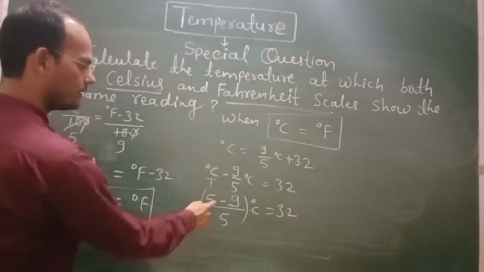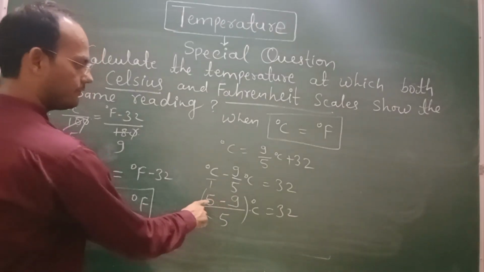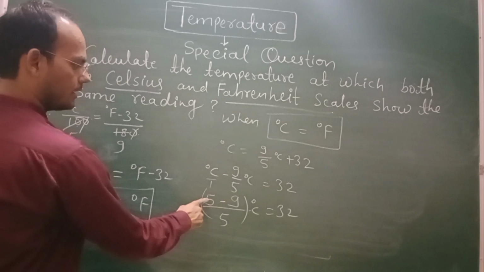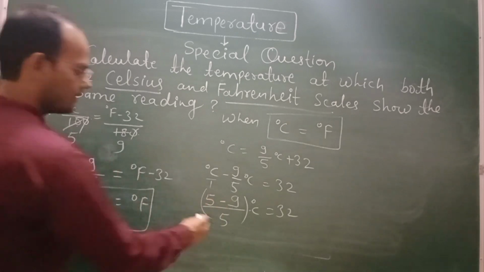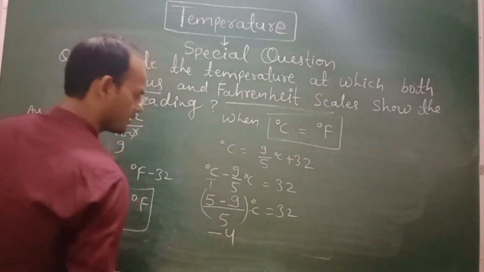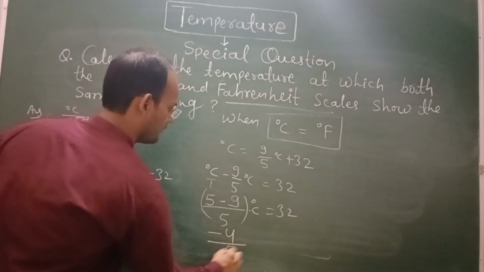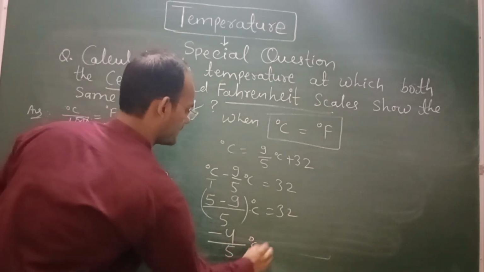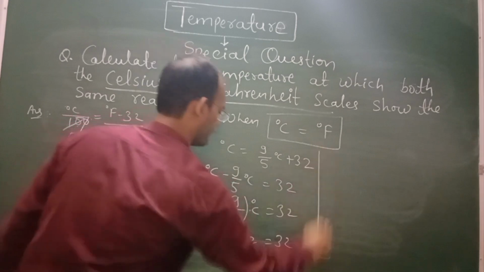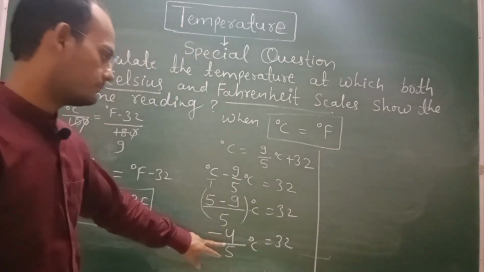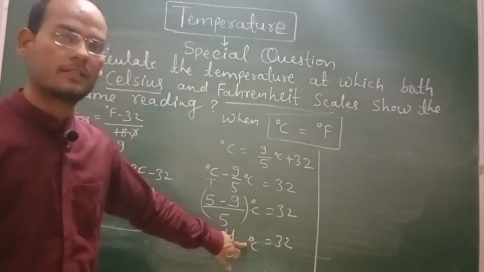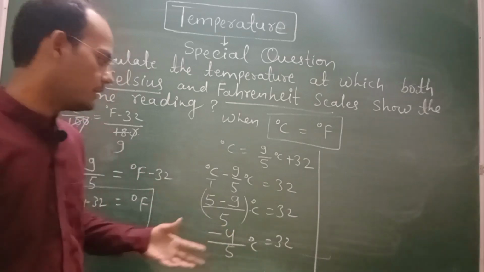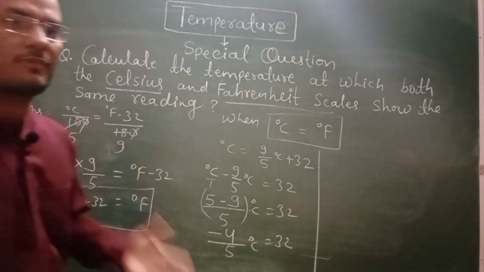Okay, calculate this. Minus 9 minus 5, calculate this, and it comes minus 4 divided by 5 degree Celsius is equal to 32. Now we have to calculate the degree Celsius. What will be the value in degree Celsius that will show the same reading?